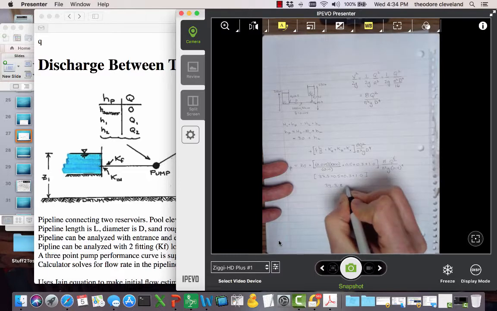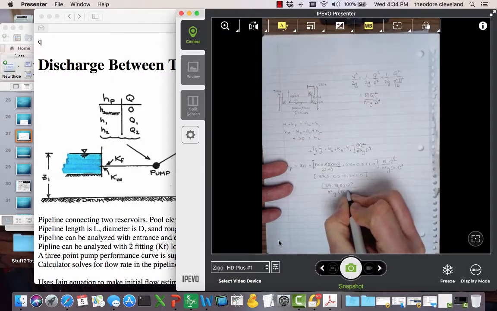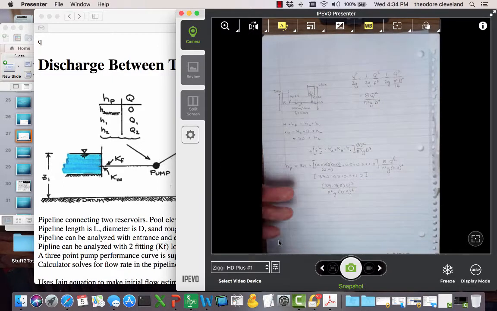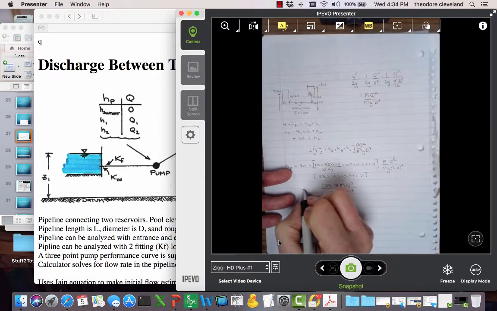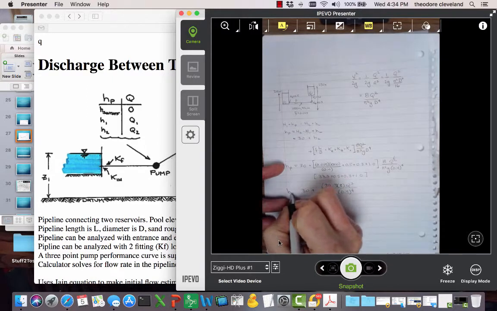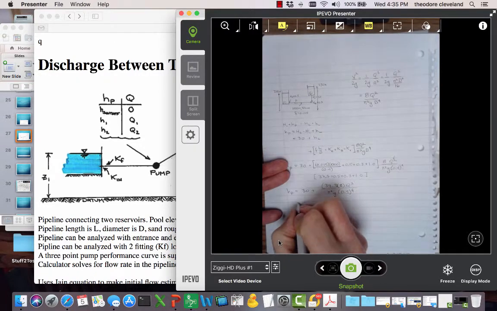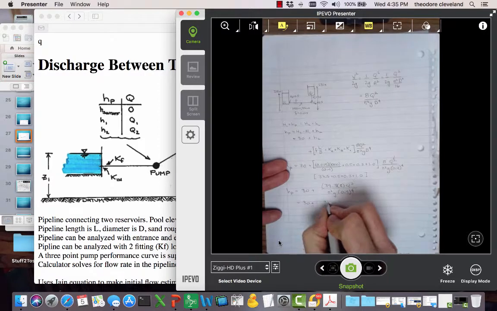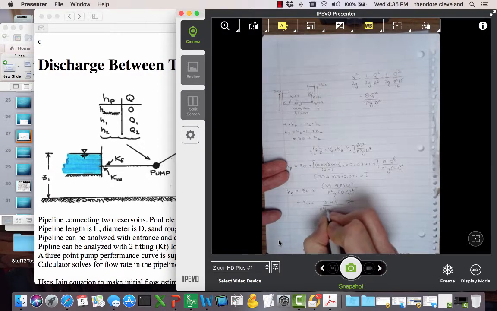Times 8 times Q squared over pi squared g 0.4 to the 4th power. Let's express the remaining constants. 39.3 times 8 is 314.4. So 314.4 Q squared over pi squared, g is 9.8, 0.4 to the 4th power.